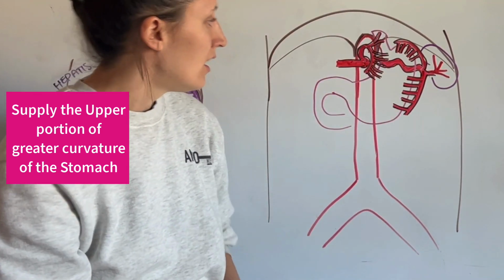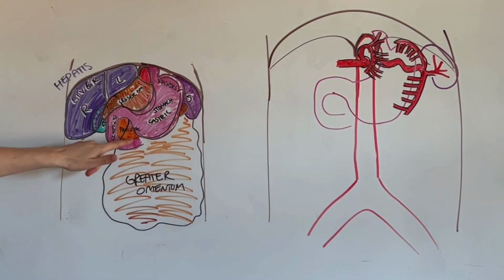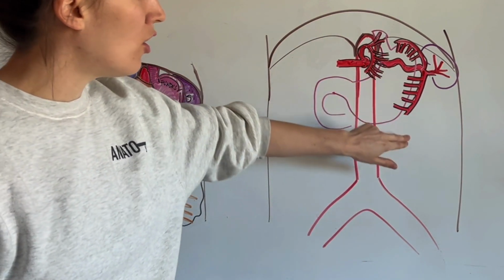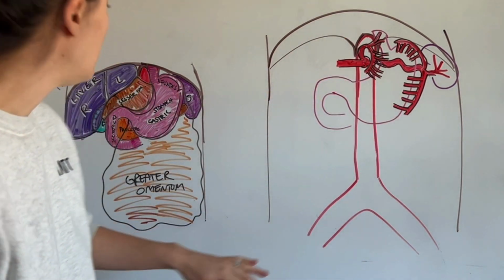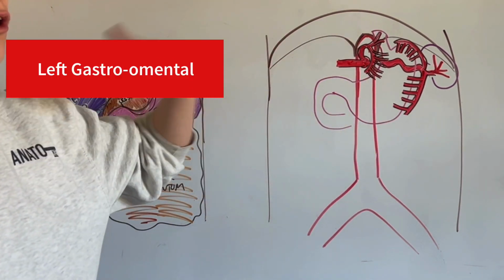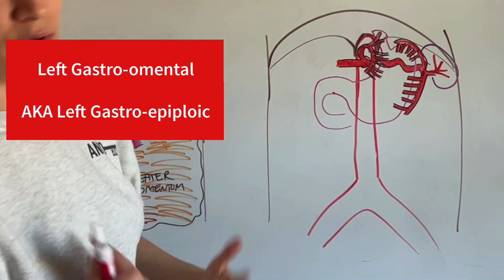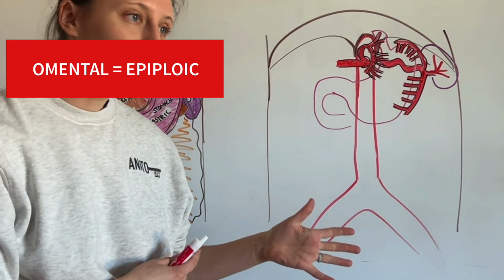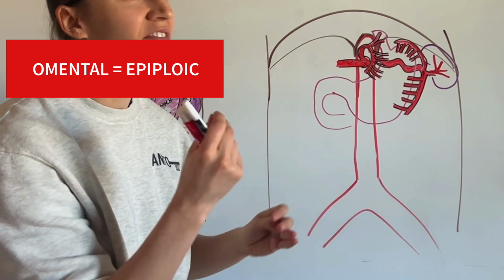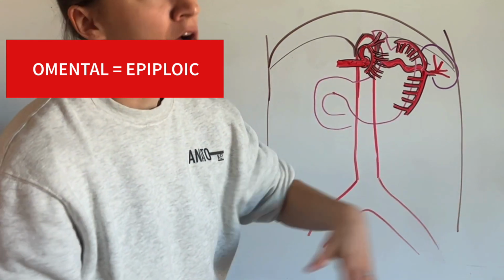This artery in the greater curvature of the stomach, running in the greater omentum, is called the gastro-omental or epiploic artery. Now, I just said a lot of words, so I want to explain them. Omental and epiploic mean the same thing. They refer to a fatty membrane. So an omentum and an epiploon are the same thing.